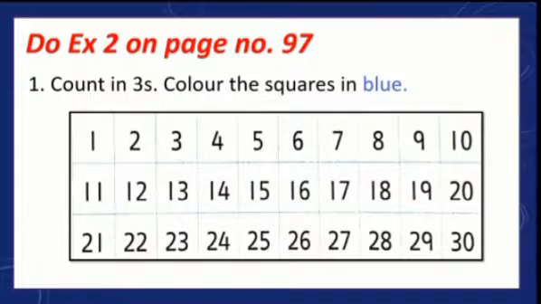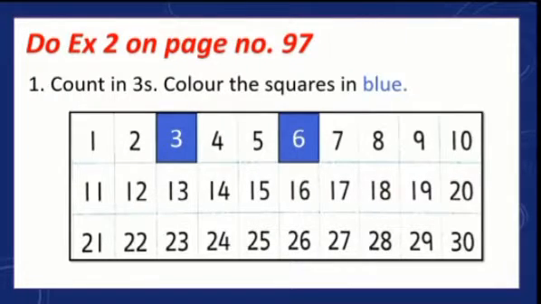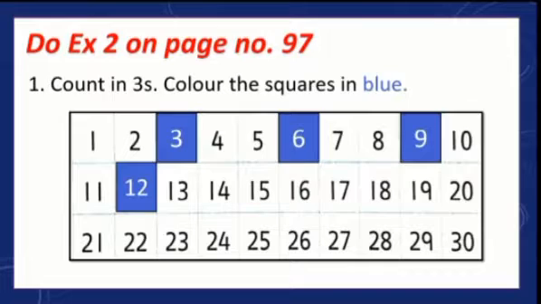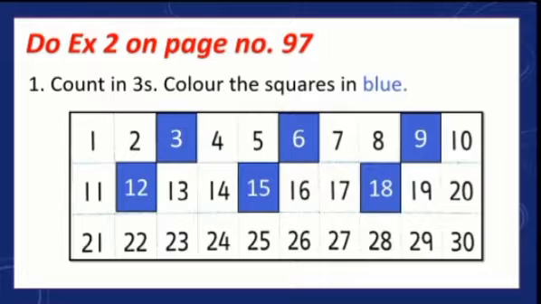Here first of all, grab your blue color pencil and start counting in threes and color the squares with blue color, like 3. Then again count in threes. Next number will be 6. Then 9. Count again in threes. So 12 will come. After that 15 and then 18.